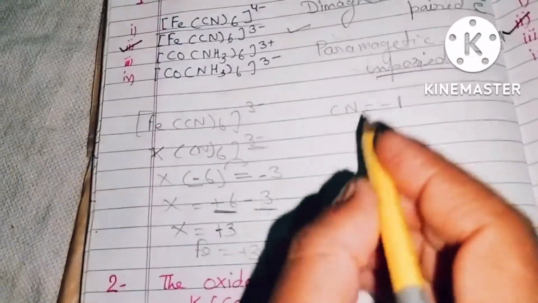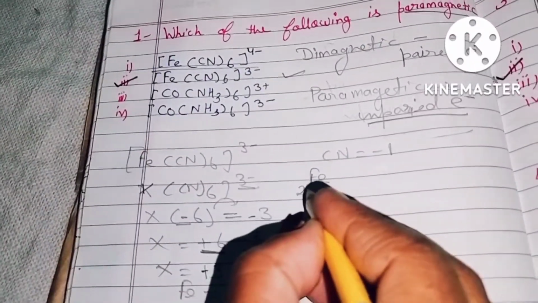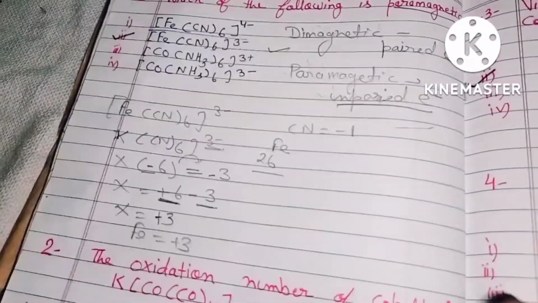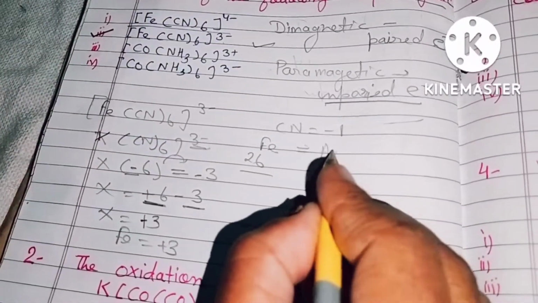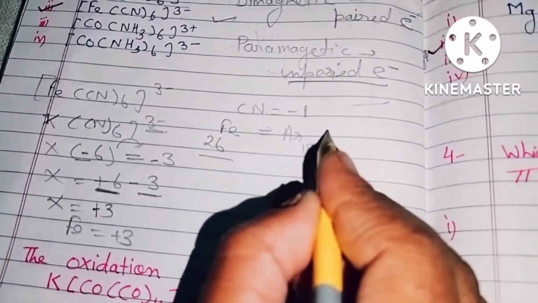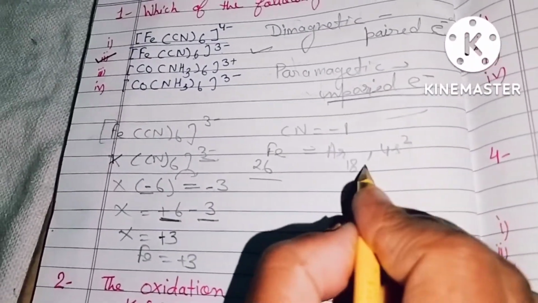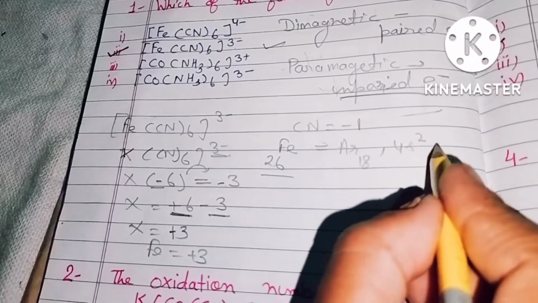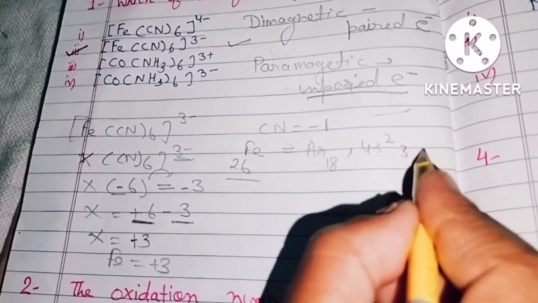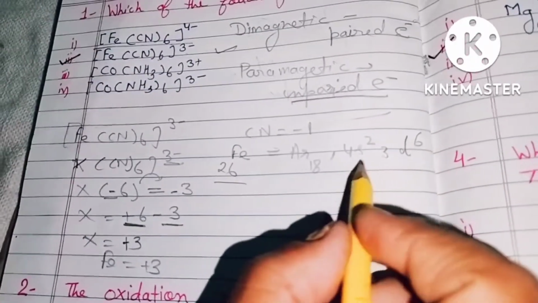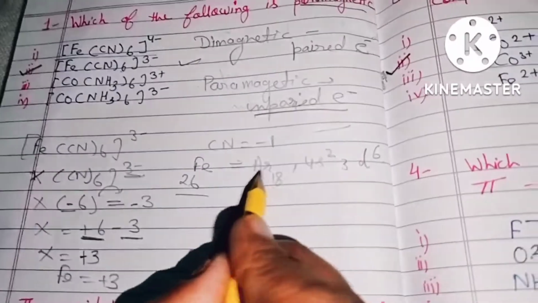We know the oxidation number is 3, and the atomic number of iron is 26. The configuration is argon, which has 18, then 4s2 makes 20, and then 3d6 makes 26.